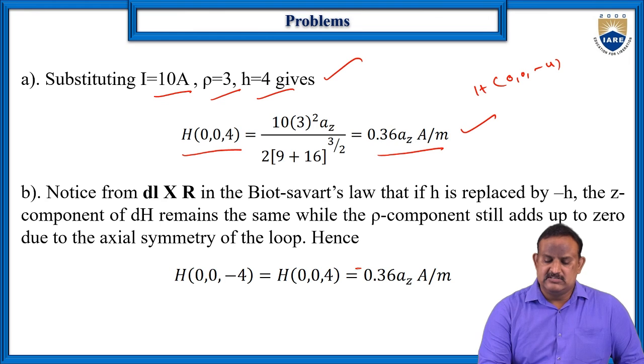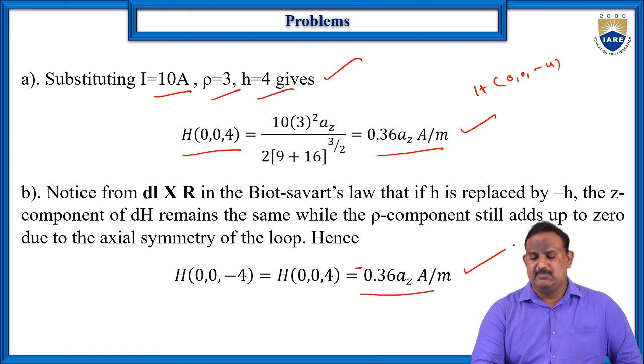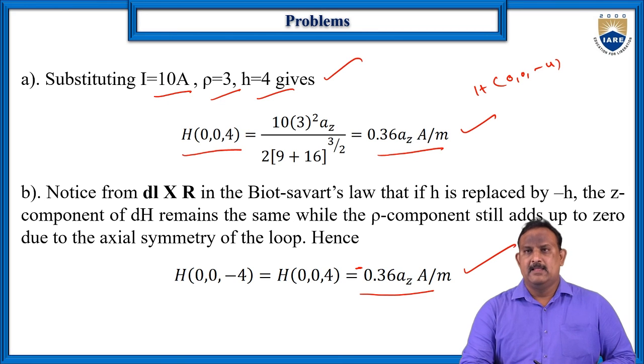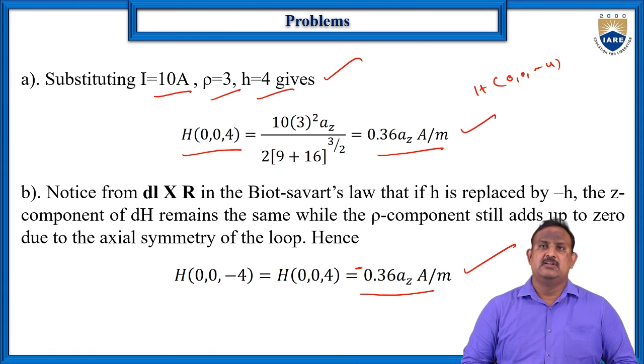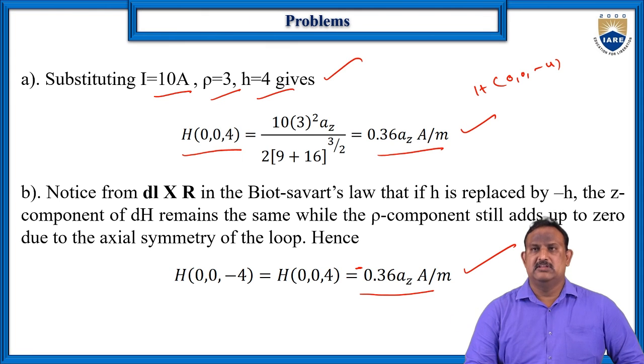Therefore the magnetic field intensity at (0, 0, minus 4) is minus 0.36 a z amperes per meter. In this way we can find the magnetic field intensities for both (0, 0, 4) and (0, 0, minus 4). Okay, thank you.